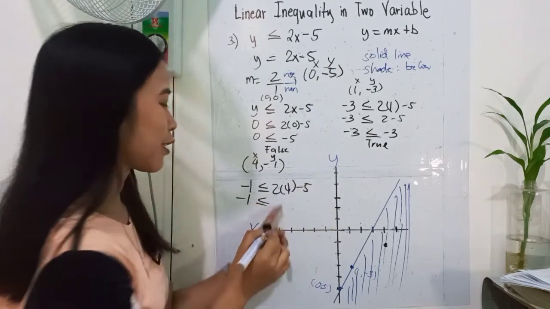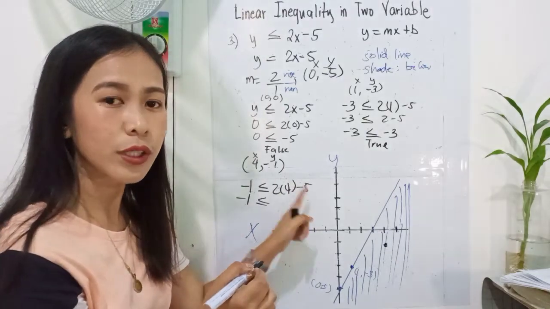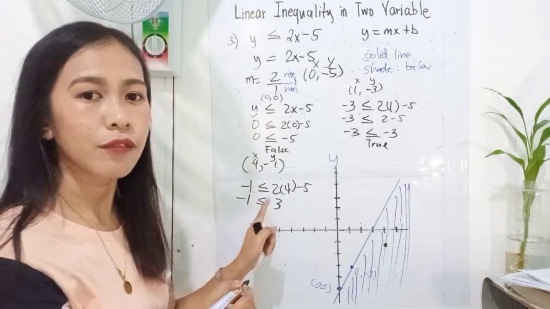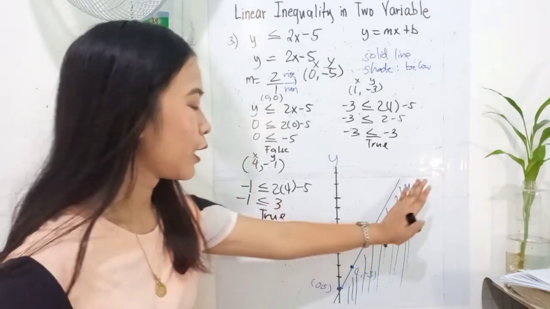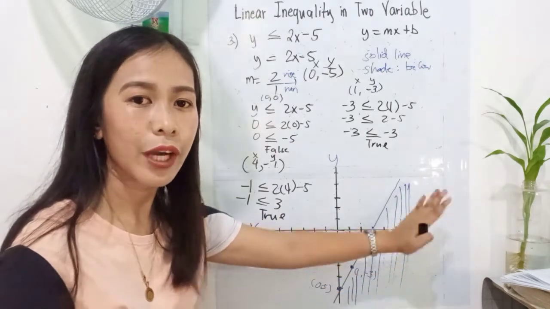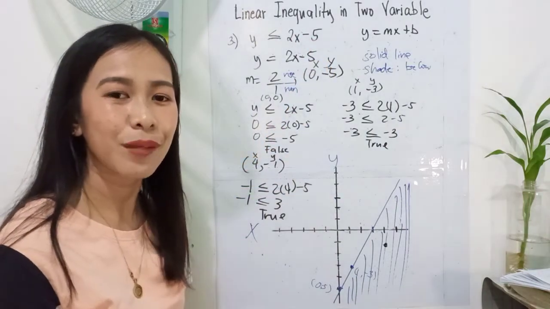Negative 1, less than or equal to 2 times 4 is 8, minus 5 is of course 3. Is negative 1 less than or equal to positive 3? Yes, of course, this is true. Therefore, lahat ng solution or ordered pair na nandito ay solution set ni linear inequality. Okay, ganun lang kasimple, mga bunso.